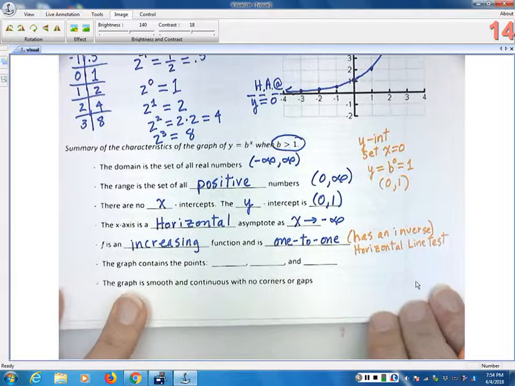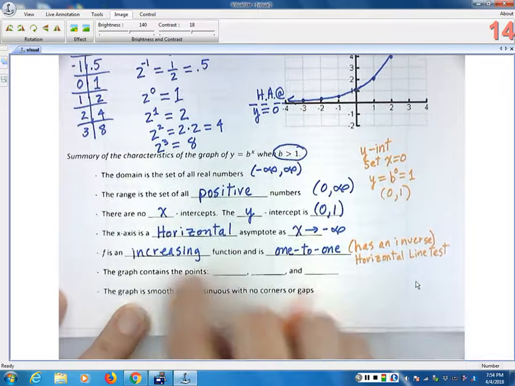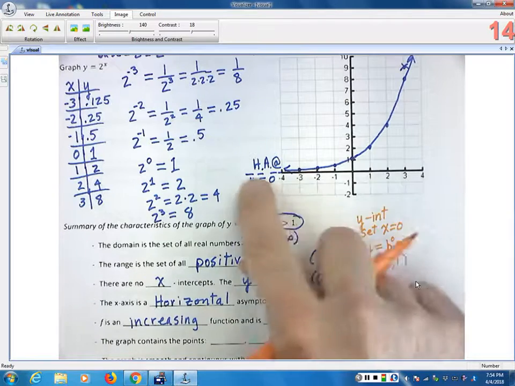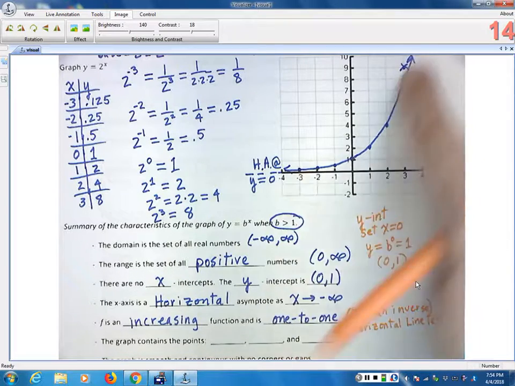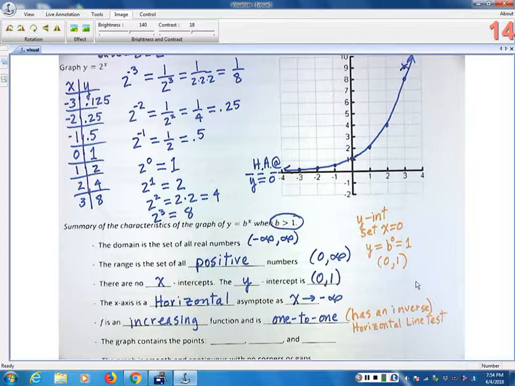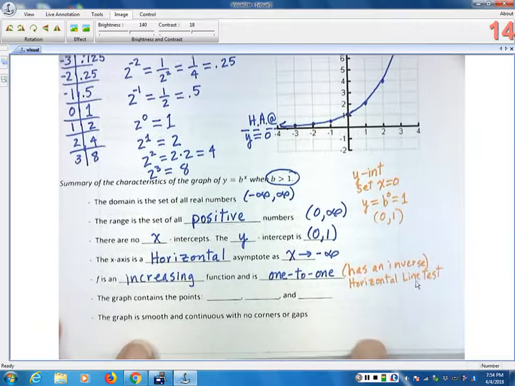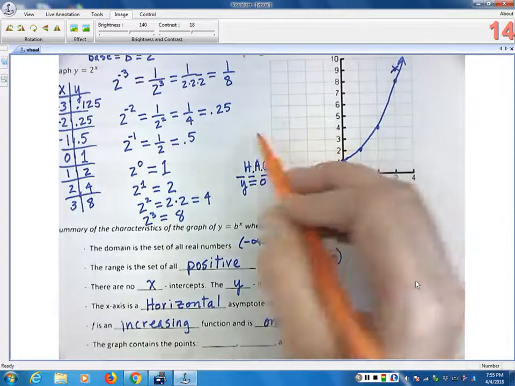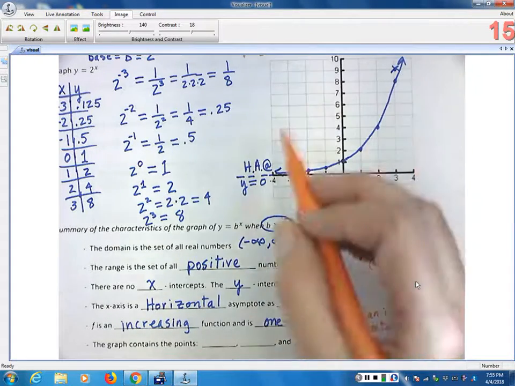Remember, for an increasing function, you look at the function from left to right, and it's rising the whole time. So it's an increasing function over its whole domain. And it's 1 to 1, meaning if we try to draw a horizontal line, we never go through more than one point.